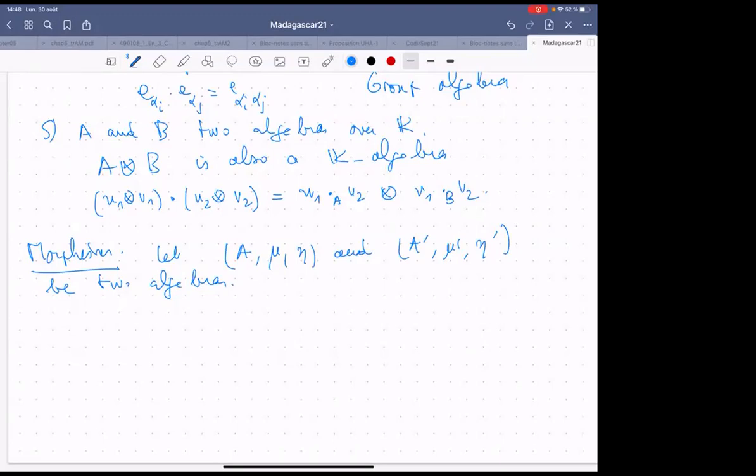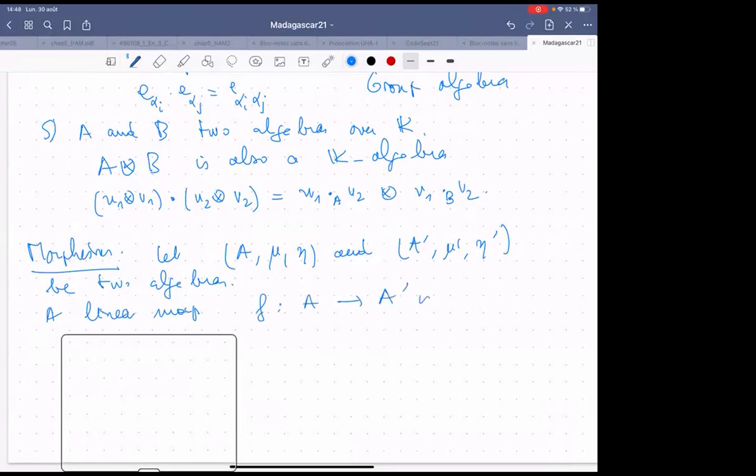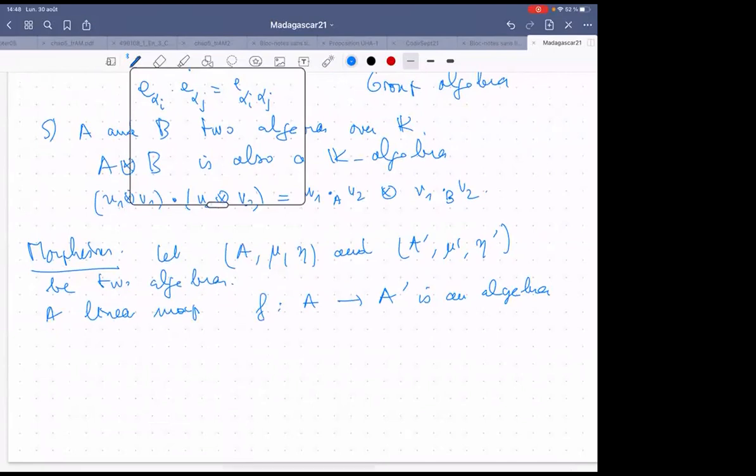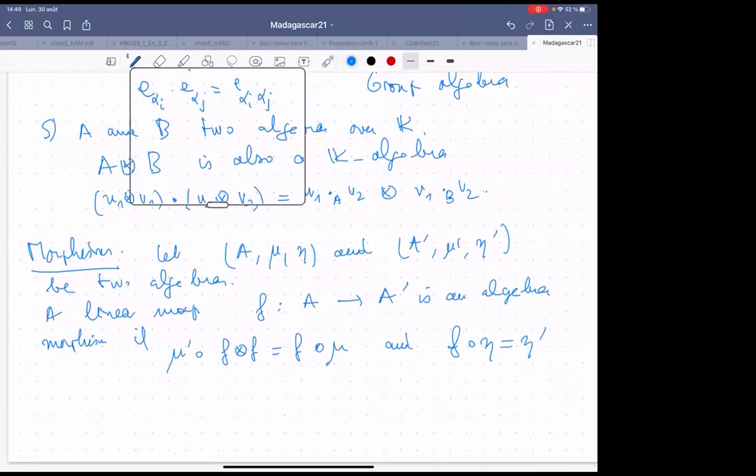And what are the morphisms here? A linear map f from A to A' is an algebra morphism if you have these two conditions: mu' composed with f tensor f is equal to f composed with mu, and f composed with eta is eta'. And of course, we have an isomorphism.